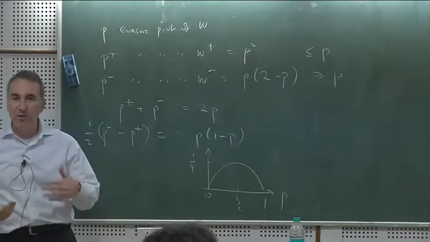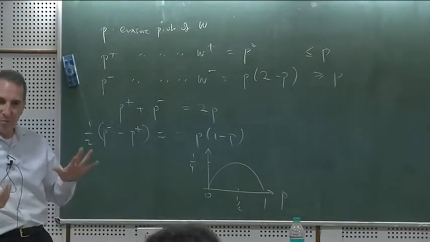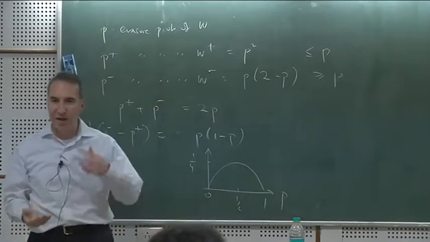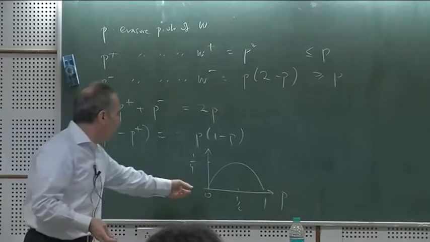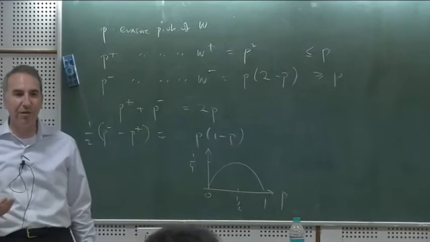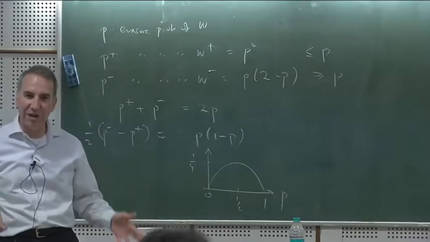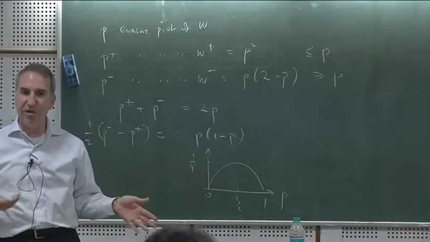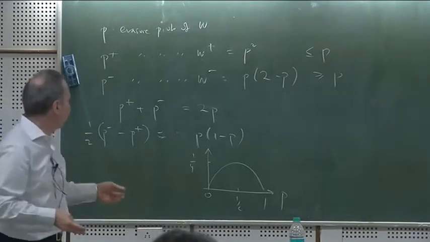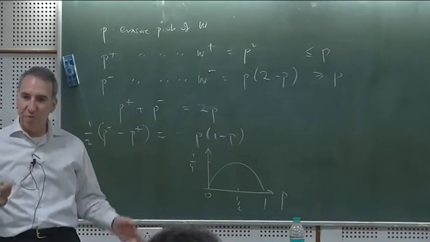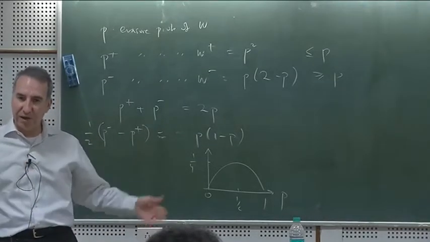The amount of inequality you create is positive, unless you're already extremal, unless you already start with a perfect channel, or unless you start with a completely erase-everything channel. The 2 channels that you create are going to be strictly different from each other. So this difference between the P minus and P plus is strictly positive unless P is extremal.